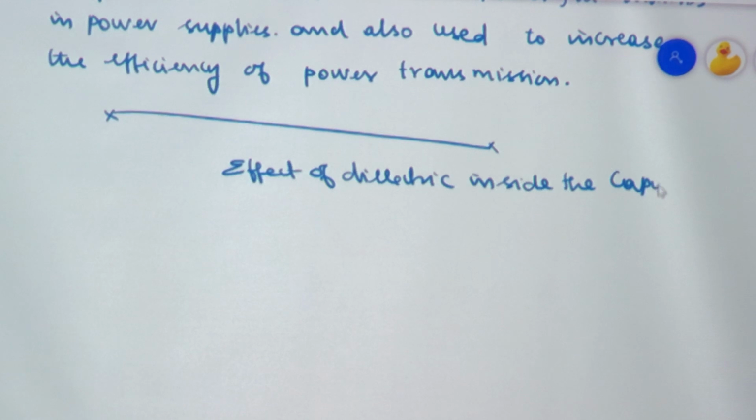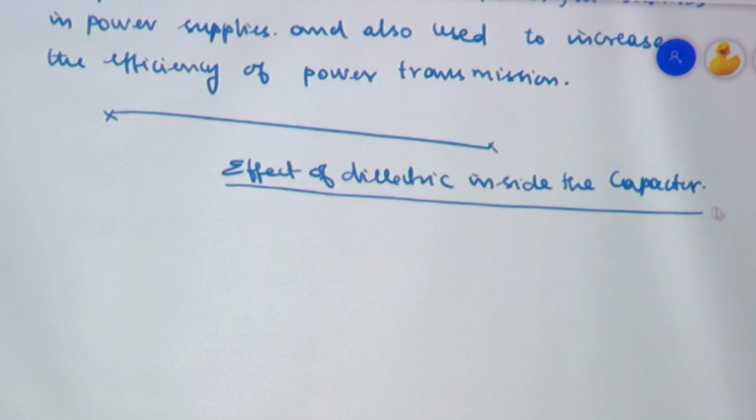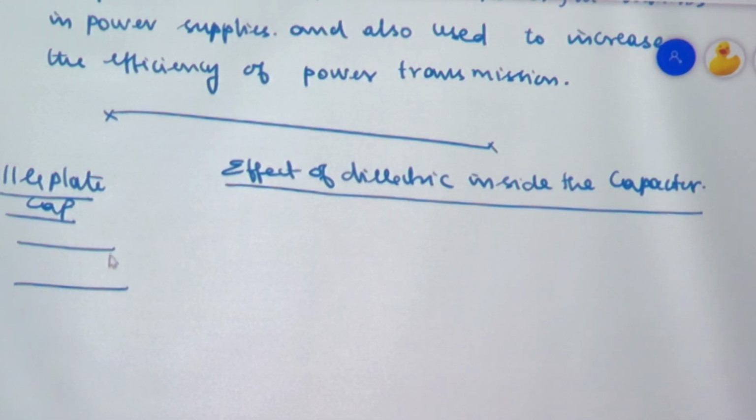Let us recall what you have studied in the parallel plate capacitor. While considering a parallel plate capacitor, we stated that we have two metal plates or conducting plates separated by a small distance with some dielectric.